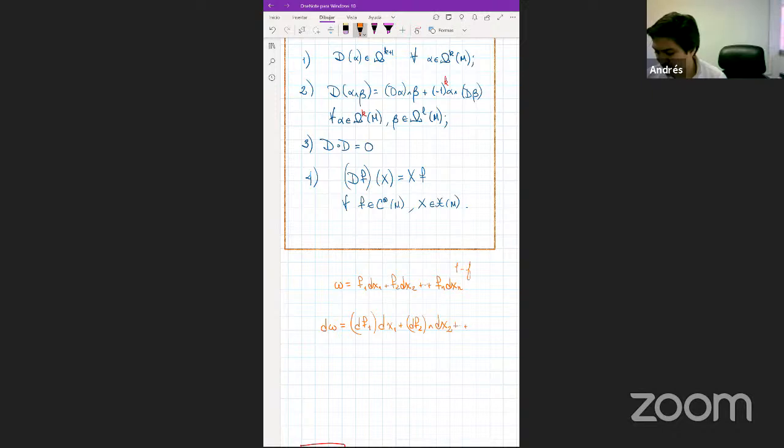I wrote a 1 form. Expand everything. What comes next?